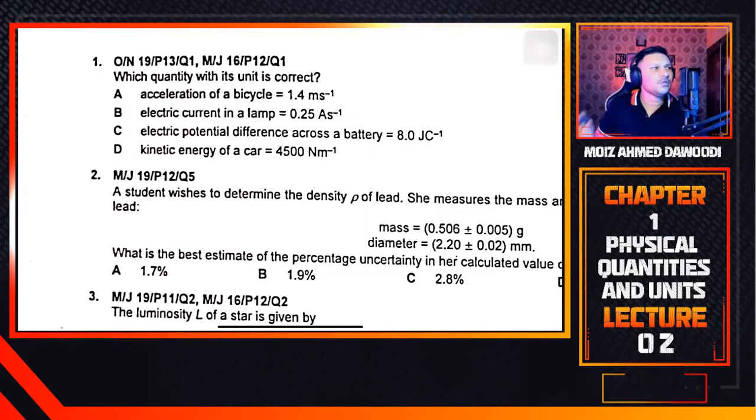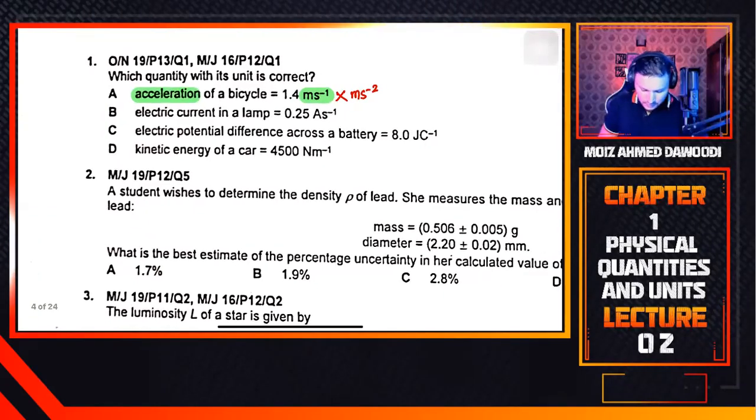The reference is also written: October 2019, P13, question 1. Acceleration, wrong. The unit of acceleration is ms minus 2. Electric current, wrong. The unit of current is only ampere.